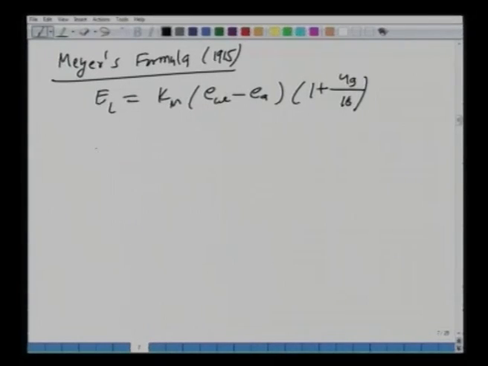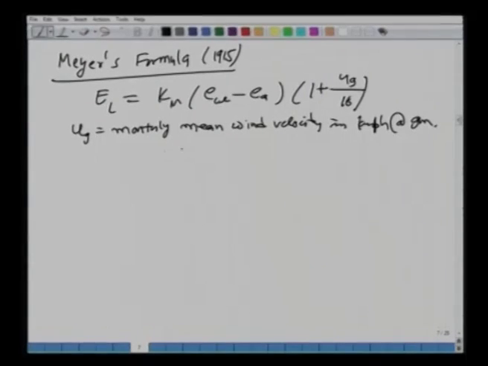Let me first define the quantities, then I will come back to this expression. U9 is the monthly mean wind velocity in kilometers per hour, the wind velocity at 9 meters above the ground level.